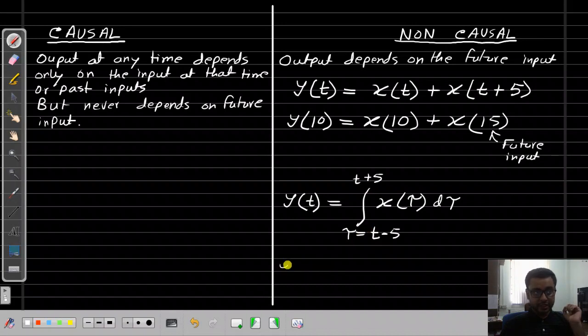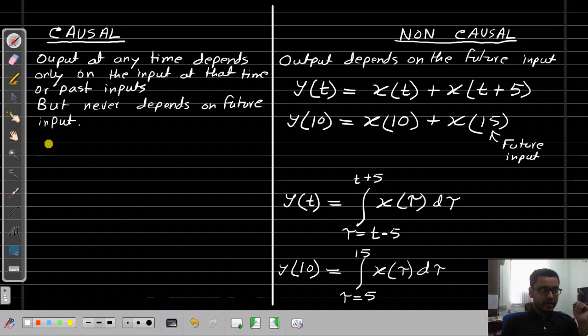In that case, to calculate the output at t equal to 10 seconds, I have to integrate the input from time tau equal to 10 minus 5, which is 5, to 10 plus 5, which is 15. So once again I need to know the value of input at the 15th second, which has not yet come. So this is again a non-causal system.